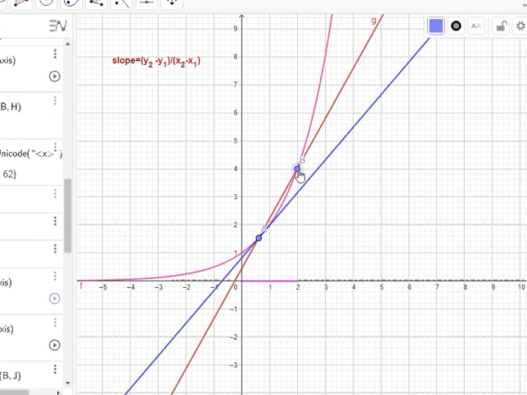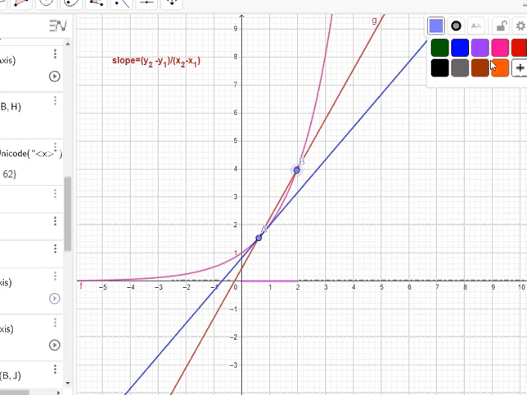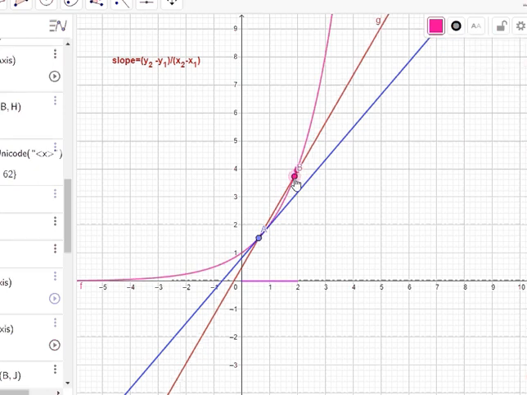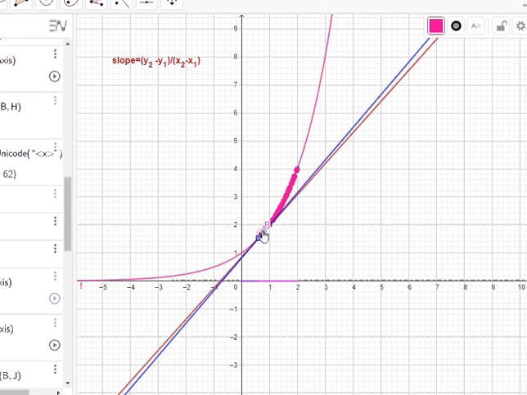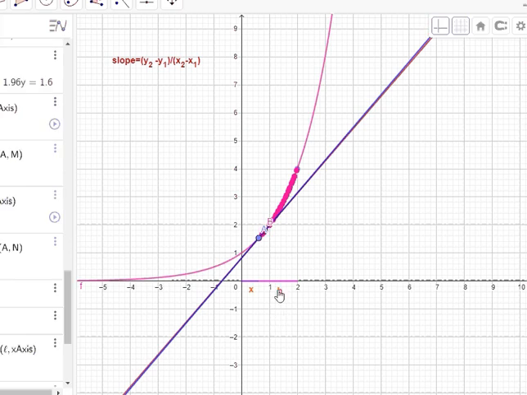So I will move point B towards point A, so as you can see the trace here, so that I will get a better approximation of the slope of the tangent line at point A. So to do that, h will move towards 0. When I move point B towards A, h tends to 0.